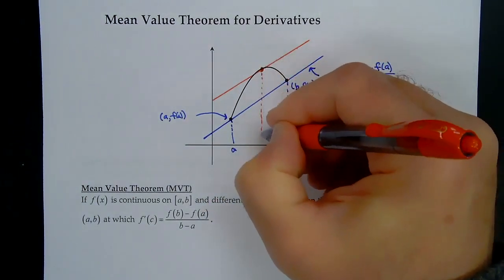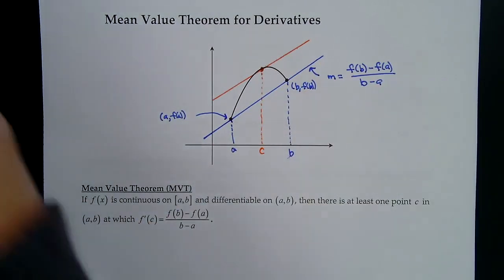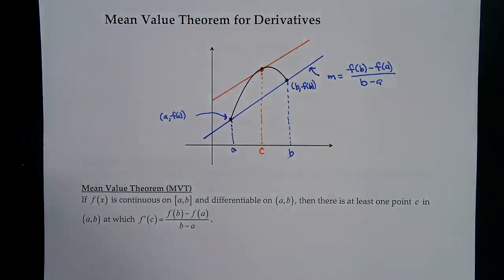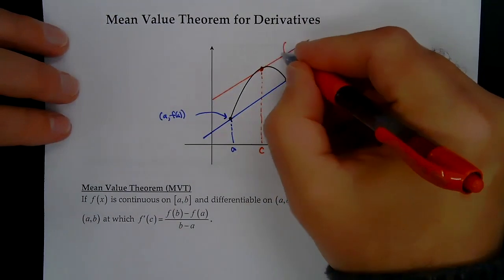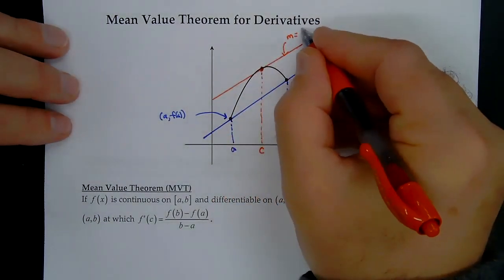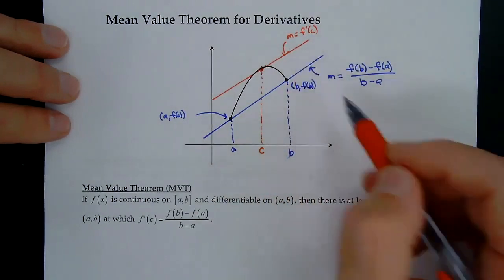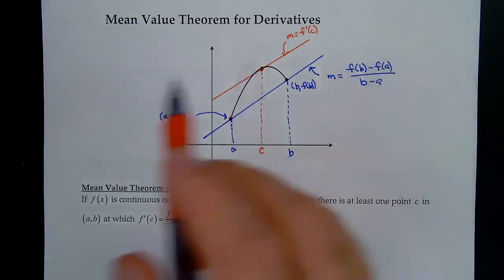Now I'm guessing it, but I can actually figure out where this is located using a little bit of math. So this slope right here, since it's the tangent line, m is equal to f prime of C. So these two have to be the same, okay?